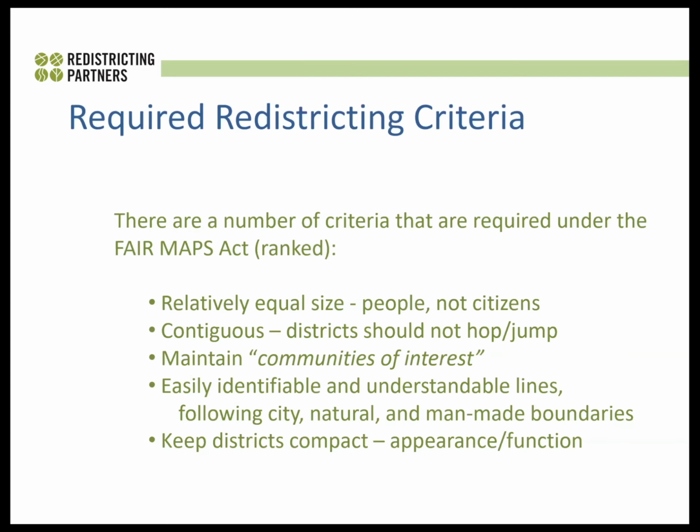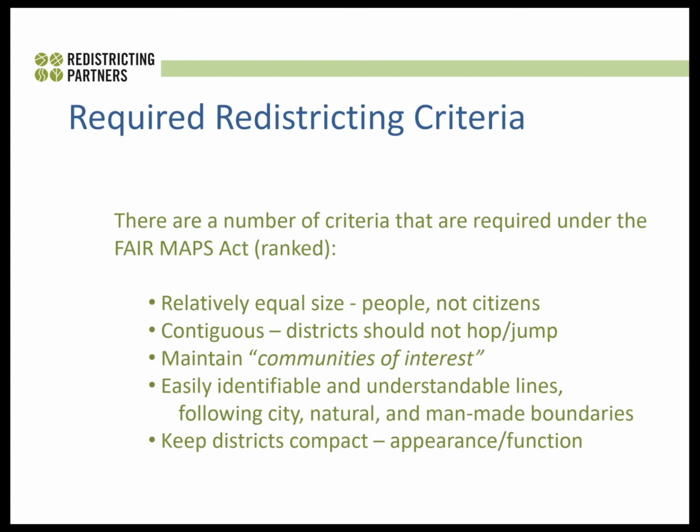So we do have a set list of criteria that we follow when we are drawing lines. We got this from the California Fair Maps Act. This applies specifically to cities and counties, but we see it as best practice for special districts as well. So we do follow this list, and it's a ranked list of criteria.